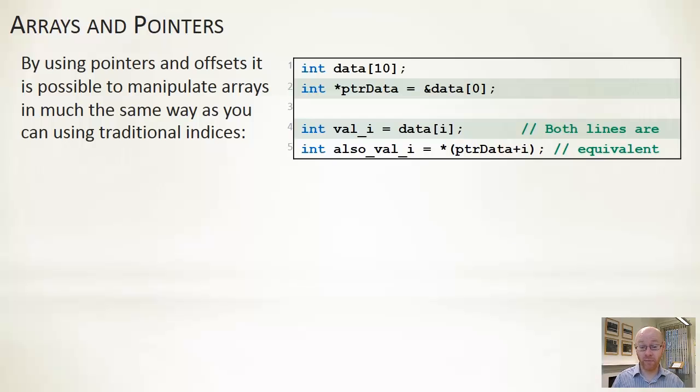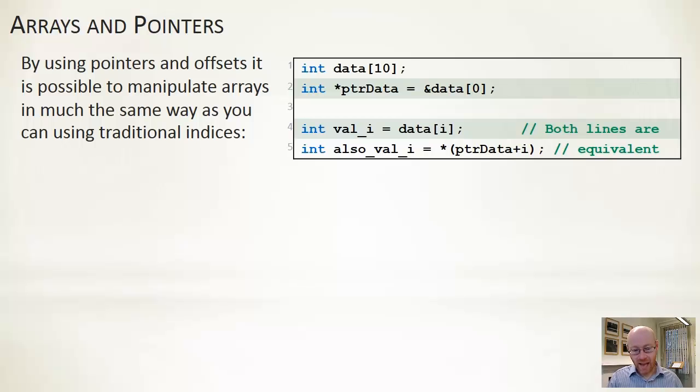We're performing some pointer arithmetic, adding on i, and effectively that will step forward i elements along that array, and we're then dereferencing it, so we're accessing the value stored at that location. So line 4 and line 5 are equivalent. There's no difference between the two.